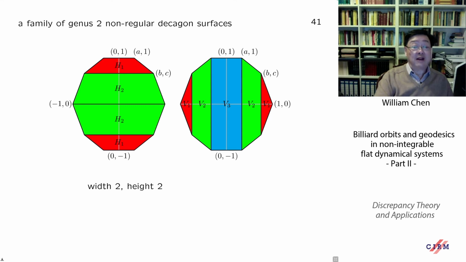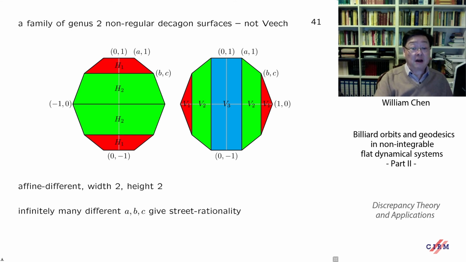I want to end by discussing a family of genus 2 non-regular decagon surfaces. So these are width 2 and height 2. And because they are non-regular, the classification result of McMullen tells us that these surfaces are not Veech surfaces.